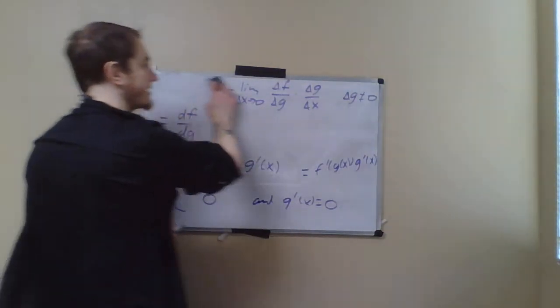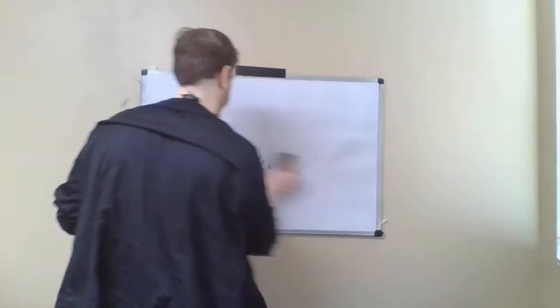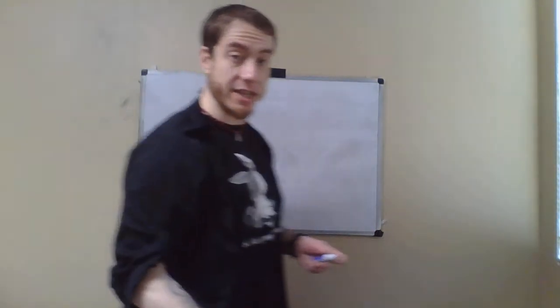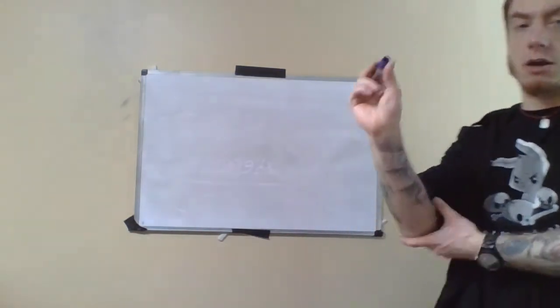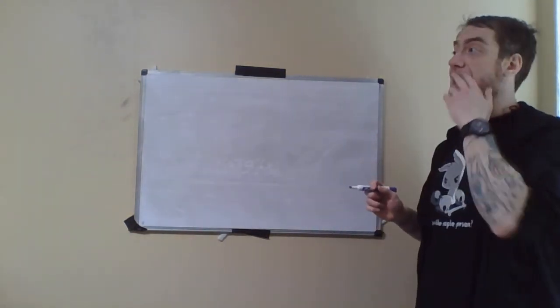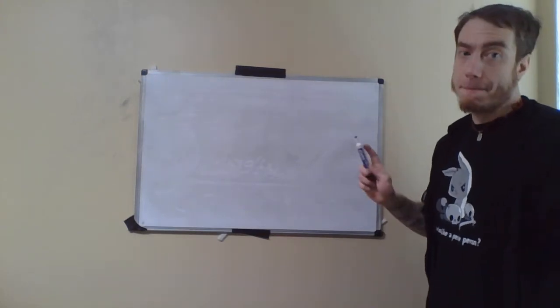So let's take a look at some examples of doing this kind of thing, because that's really what we're going to be focusing on mostly from here on out. We're not going to worry so much about the proof of this, although, intuitively, it's not too difficult to see what's going on here.